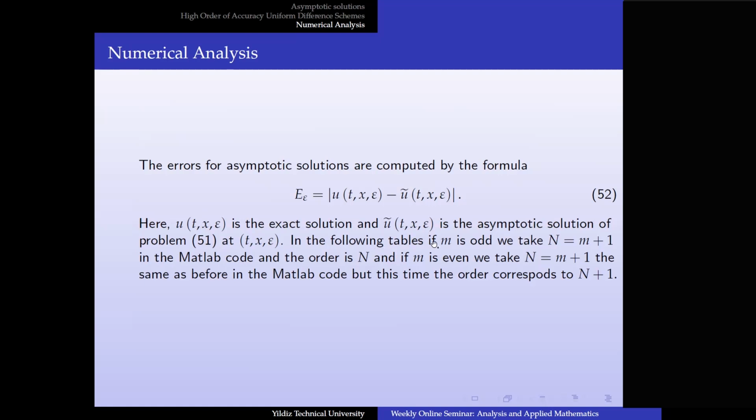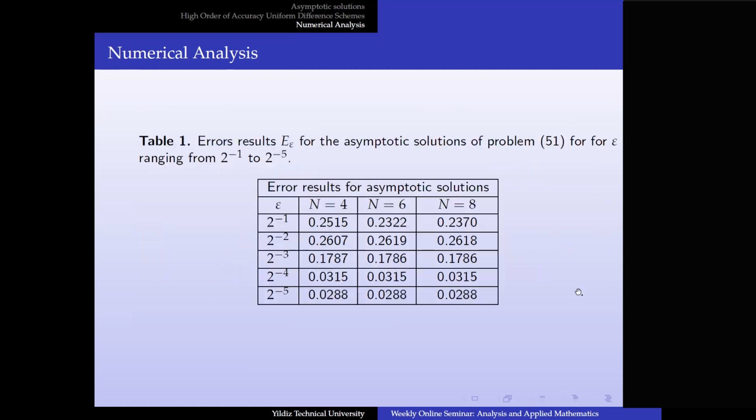And in the following tables, if m is odd, we take n equal m plus 1 in the Matlab code, and the order is n. And if m is even, we take n equal m plus 1, the same as before in the Matlab code, but this time the order corresponds to m plus 1. Here are some technical details.